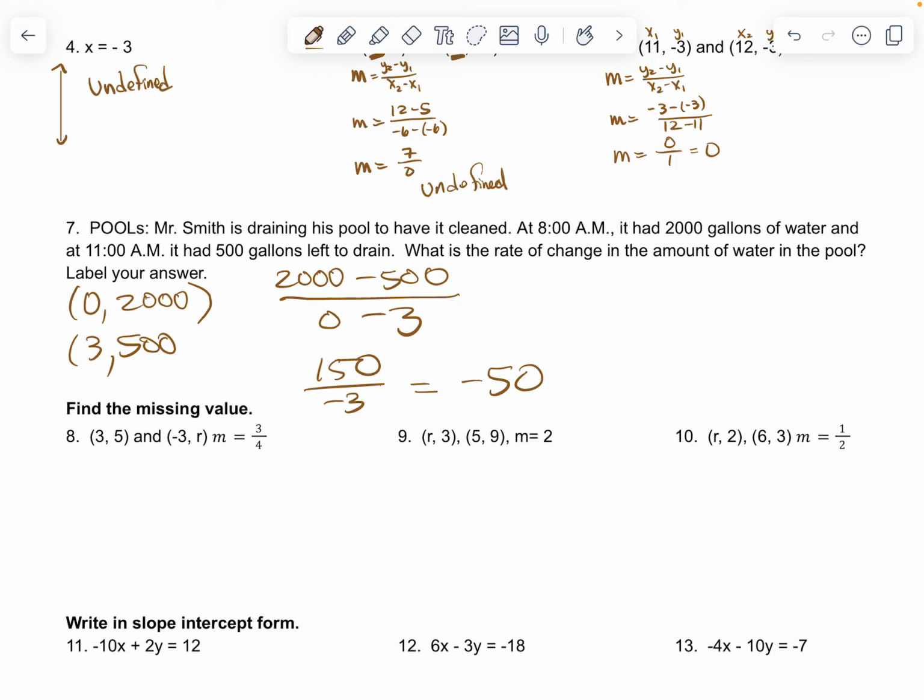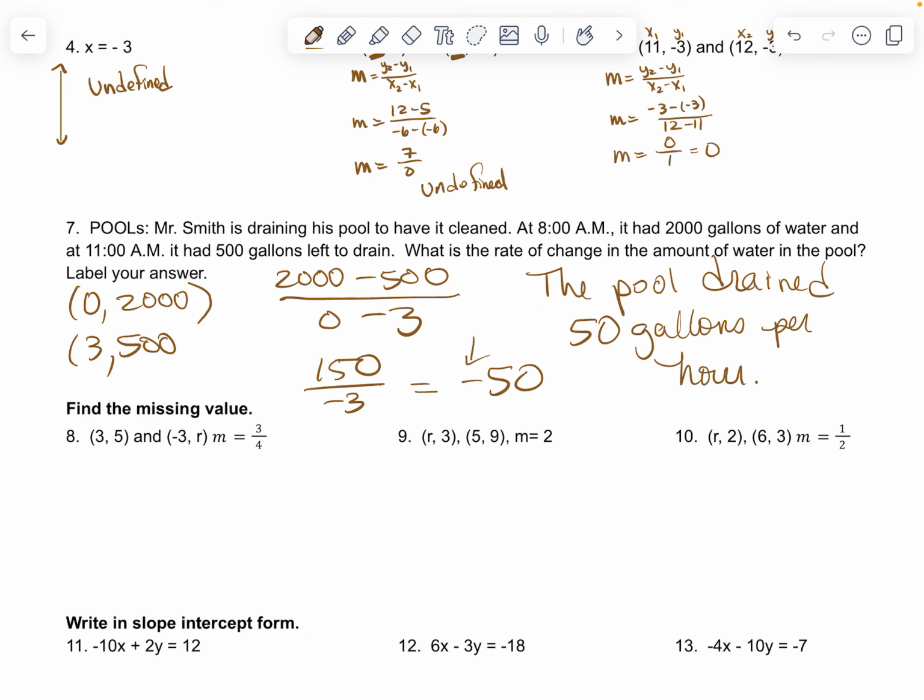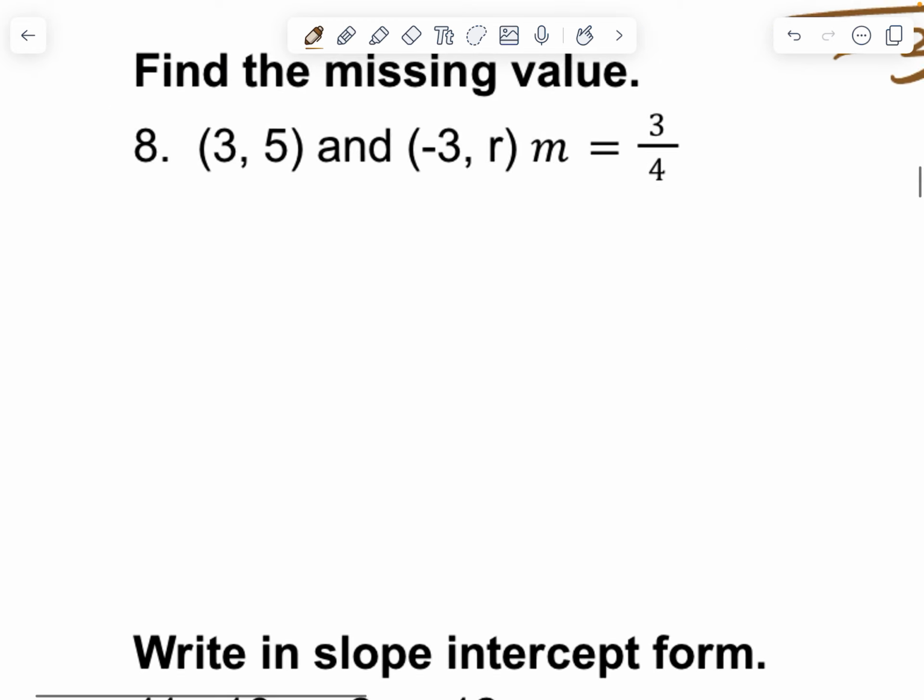We would say the pool drained 500 gallons per hour.